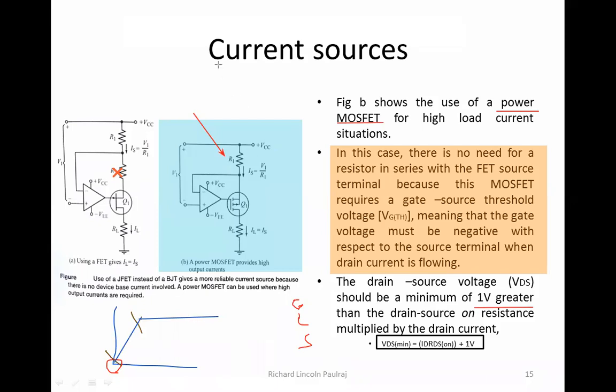So from this point to this point is referring to the saturation region. This portion is referring to linear, and cutoff is when it is at the bottom. So cutoff, linear, saturation. We have three regions.